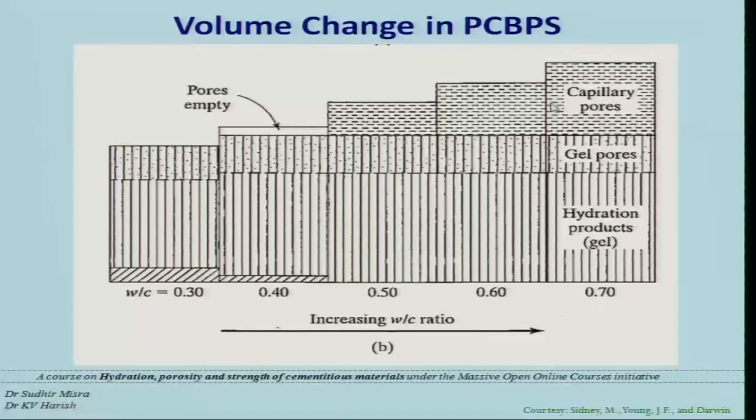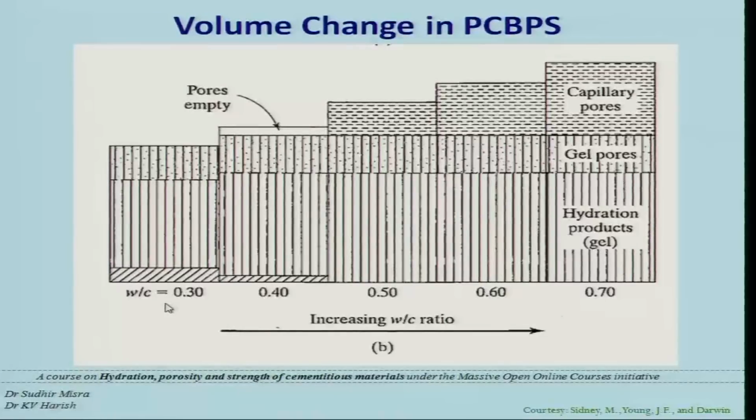If you take a high water to cement ratio system, here representing water to cement ratio equal to 0.7, you find that more capillary pores are present compared to 0.3 water cement ratio. Likewise, hydration products are also generally higher compared to this case, but the gel pores are consistently the same.